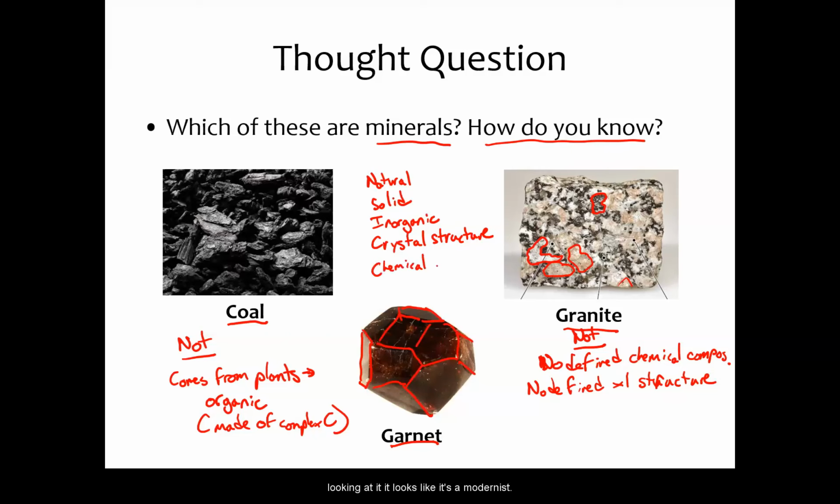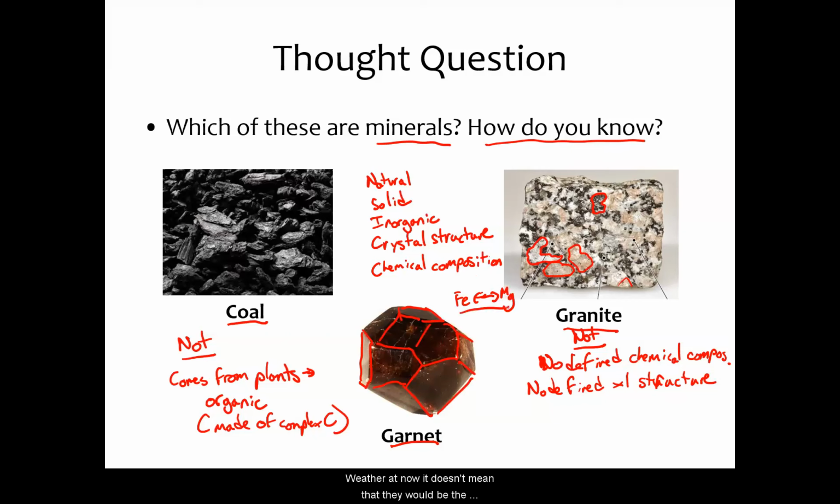And does it have a defined chemical composition? Well, looking at it, it looks like it's homogeneous. So we know that at least its chemical composition doesn't look like it changes across this one bit of garnet. And it turns out that it does have a defined chemical composition with some elemental substitutions, which means that we might say that one metal might substitute for another one sometimes, but it's within a very narrow range of substitutions, and that's allowed when we're talking about minerals.